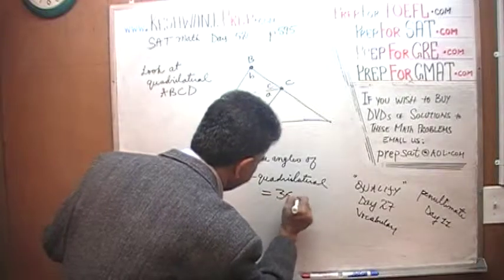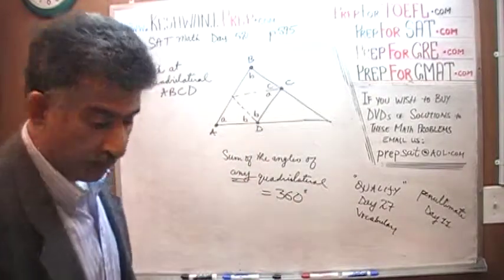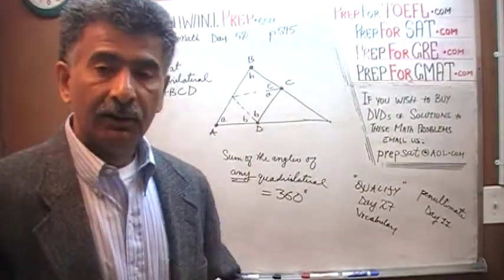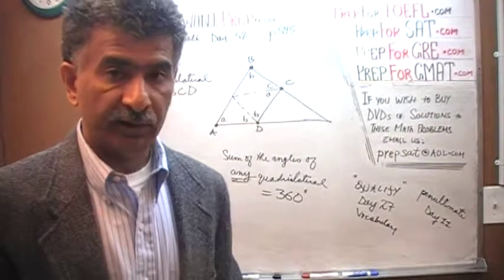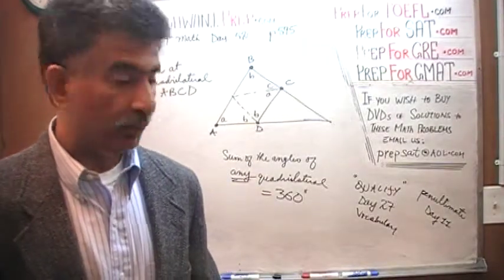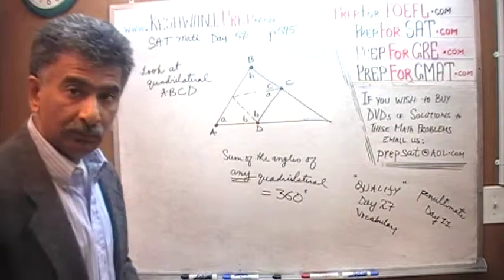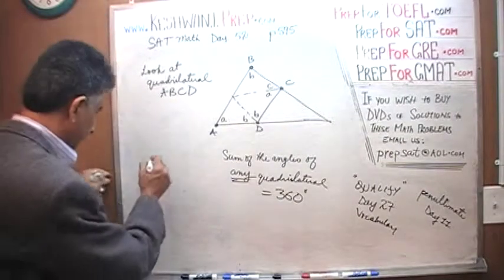It equals 360. Now, do you know why? Why is it that the sum of the angles of any four-sided figure is 360? Because a quadrilateral, let's draw a quadrilateral here.